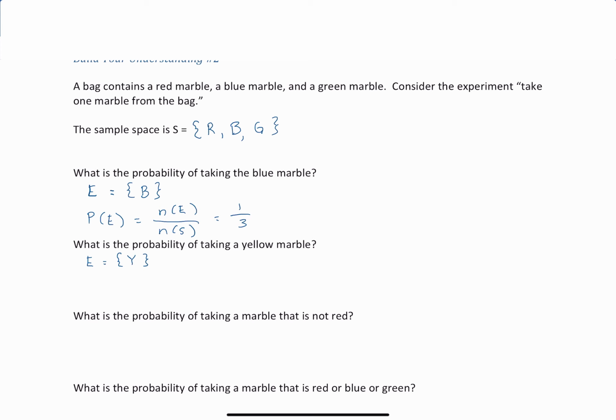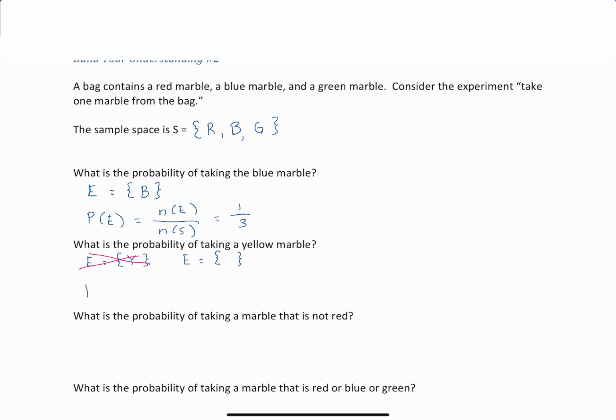But that's actually not correct, because remember, an event is a set of outcomes from the sample space. And Y, yellow, is not in the sample space. So the best we could do for writing down what this event is just to say it's an empty event. In other words, there are no valid outcomes in this event.